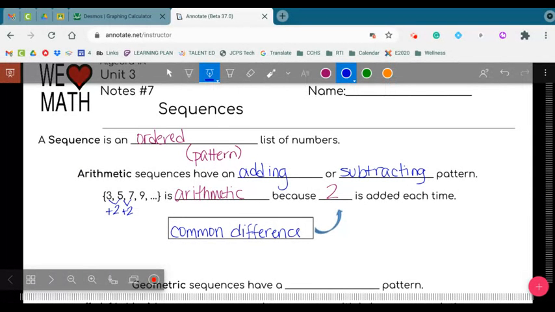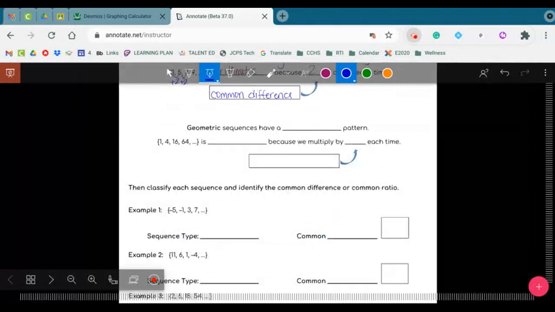Now let's go down to the second one, which is going to be geometric. With geometric, we have a multiplying pattern.